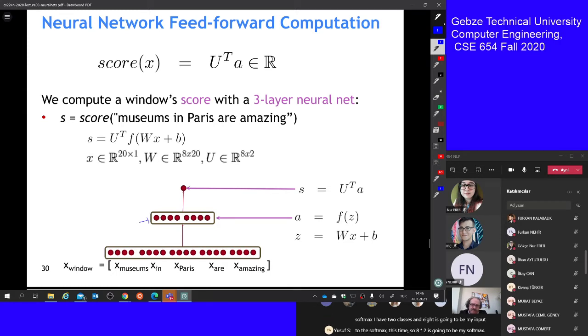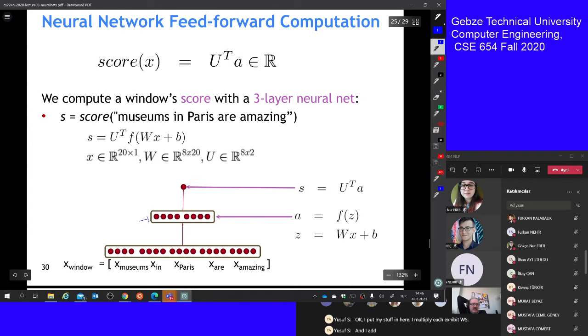Okay. This is what I am going to see, a neural network feed-forward computation. I put my stuff in here. I multiply each x with w's, and I add b to them, and I feed them through the sigmoid, and it will produce me 8 numbers, and I will put those 8 numbers into this softmax function, or the score function if you like to call it that way.